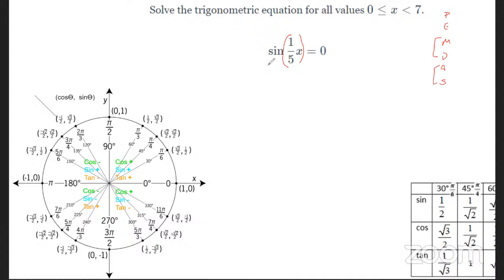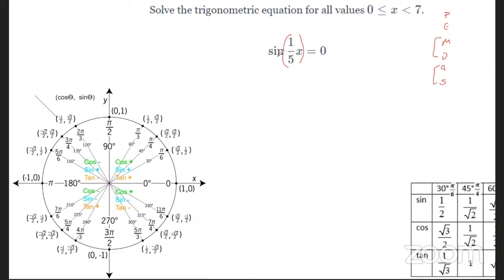Okay, so that's where the sine is going to fall. And what's happening to 1/5 times x is happening prior to taking the sine of it. So we should write in some parentheses right there to make sure that you can remember that the 1/5 is stuck to the x when sine is happening to it.